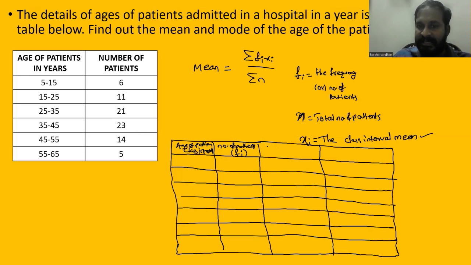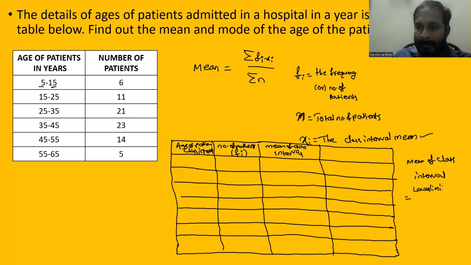Next, it is the mean of the class interval. We will write that formula also: mean of class interval is equal to upper class limit plus lower class limit, sum of limits by 2.